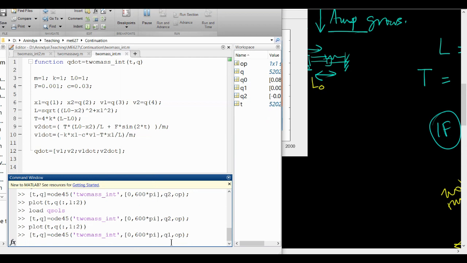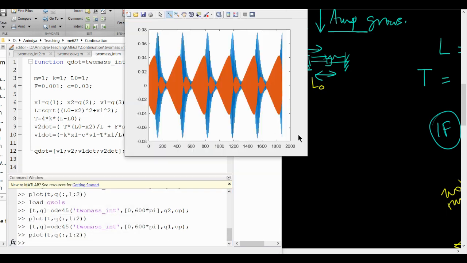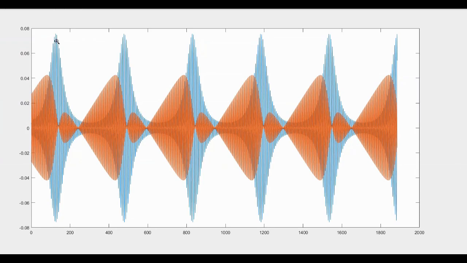But you get an idea that this one is somewhat different. Over here this amplitude is 0.75 or so, and the red one has these two lobes, one linearly increasing part, then x1 becoming unstable.